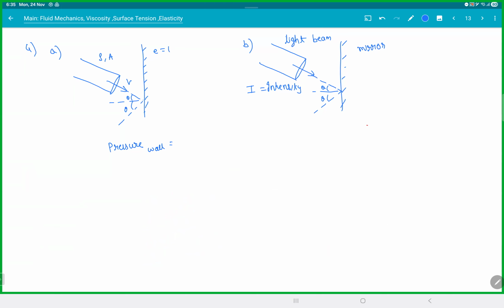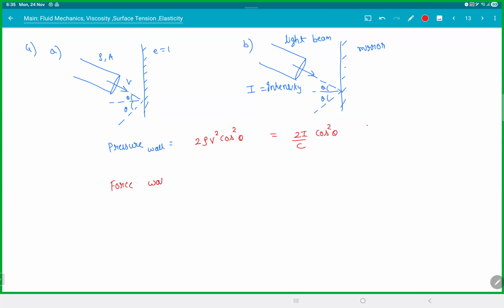If you look at the pressure on the wall due to the water jet, it is rho a square v square, 2 for e equal to 1, so 2 rho v square cos square theta. For the light beam, the pressure will be 2I by c cos square theta.